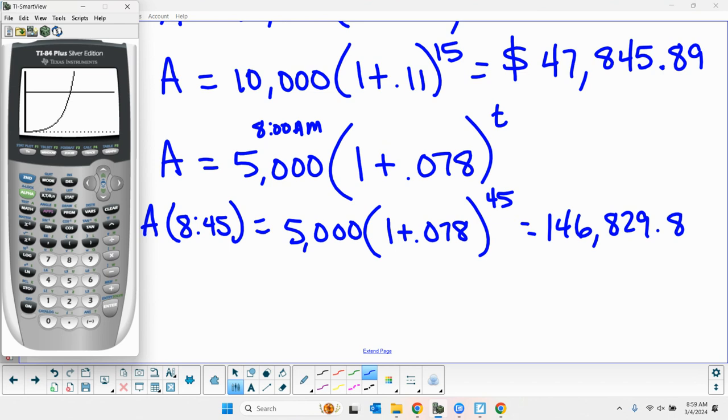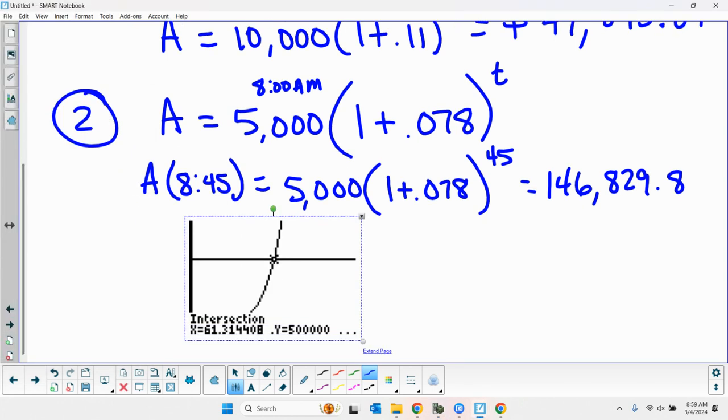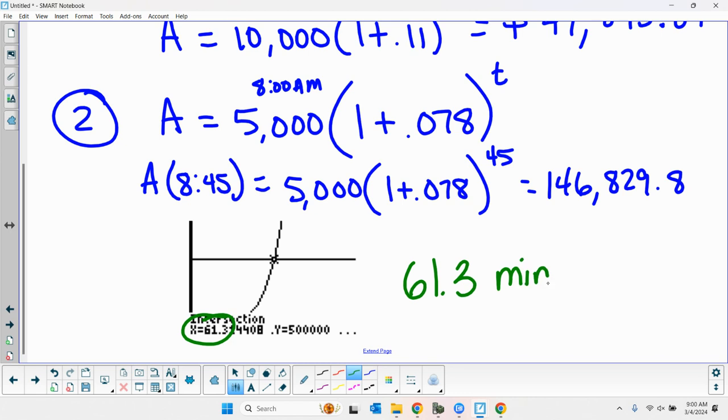So then we're going to go second trace, intersect of those two. So hit enter 3 times. 1, 2, 3. And the answer is 61.3. All right. And that's minutes. So just 61 minutes is fine.